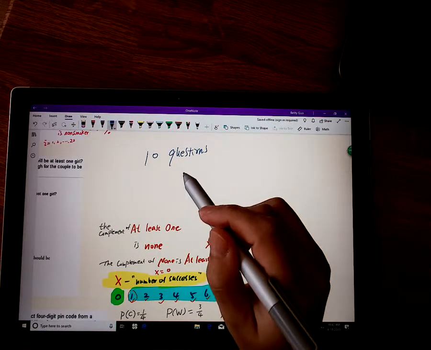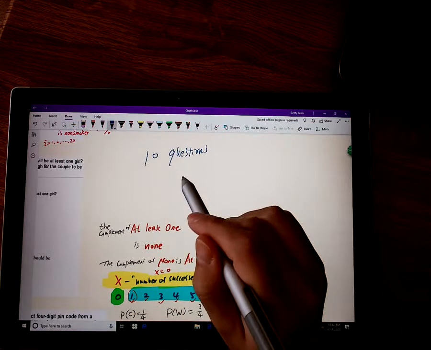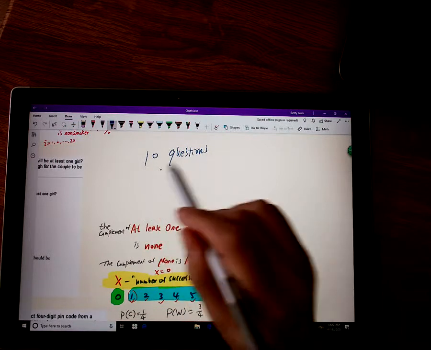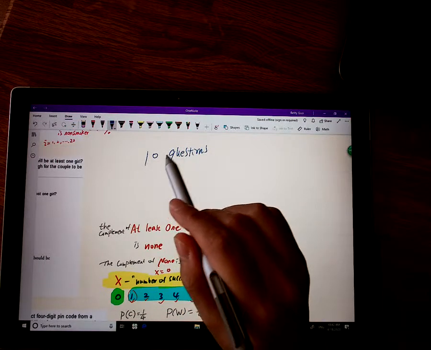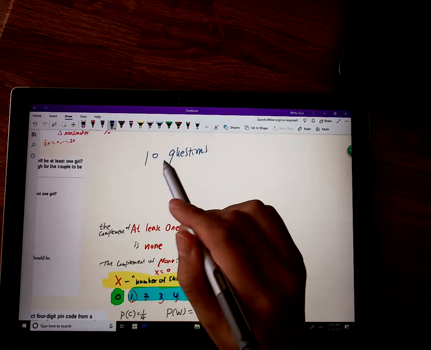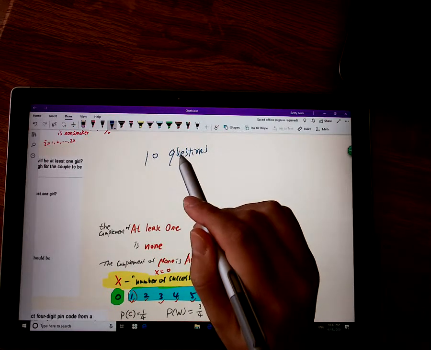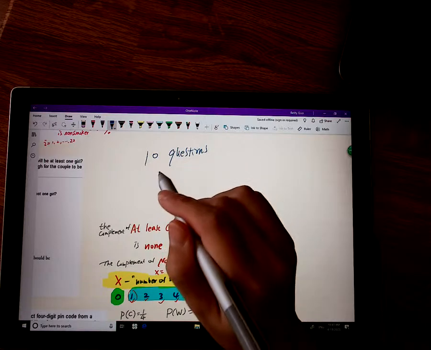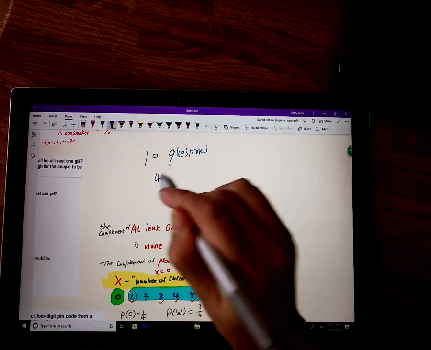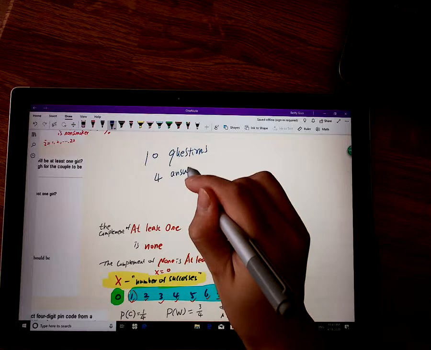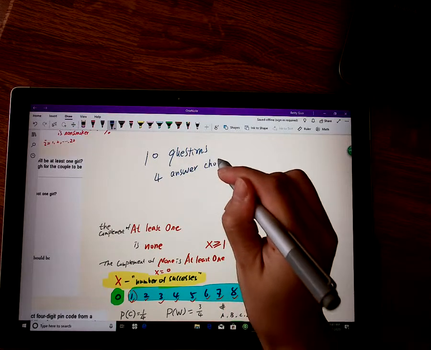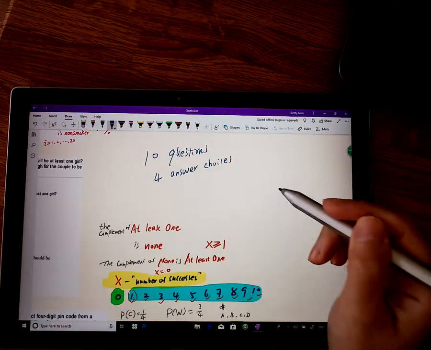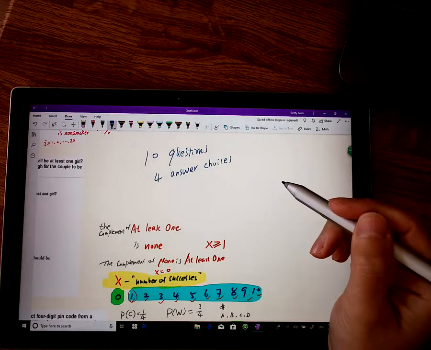You should be very familiar with what's happening here. So in our day quiz, we have 10 questions, all of them multiple choice, and for each question, there are 4 answer choices. Only one of them is correct, right?